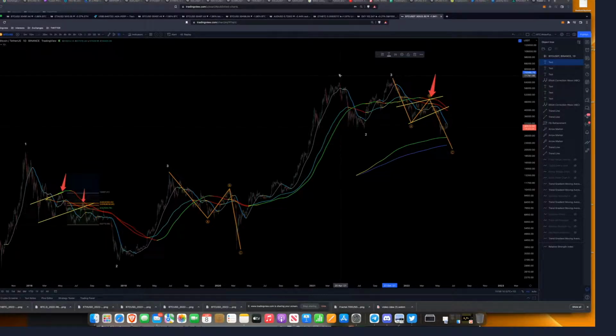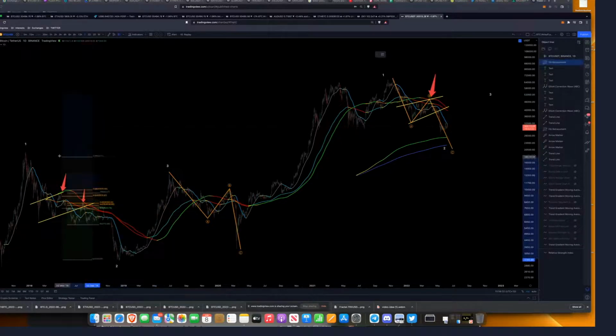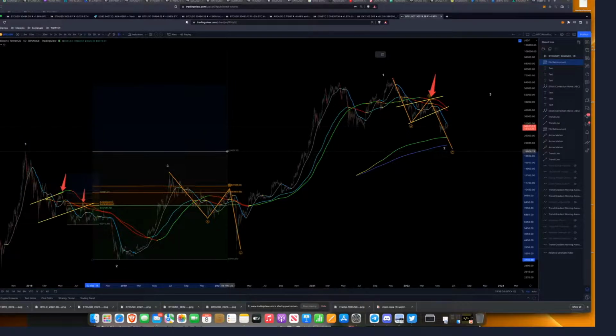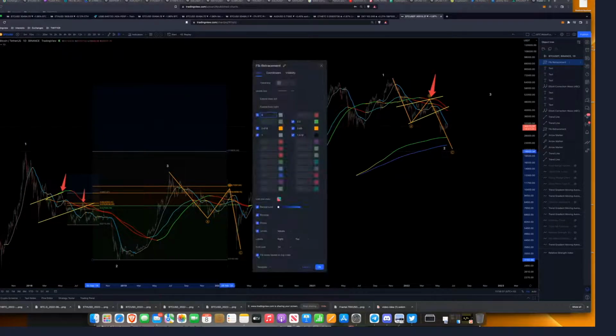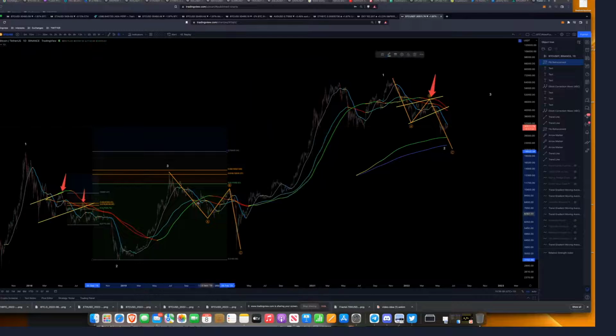So actually this is 1, sorry. We're looking for our 2, wherever that is, and then we're going to have our 3. Could be up here. Wherever the bottom is, if we were to get that bottom and we get the top, if I were just to change that Fibonacci, you'll see the 618.